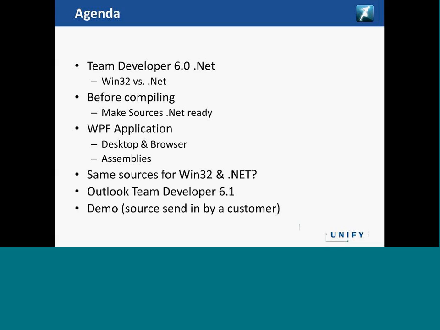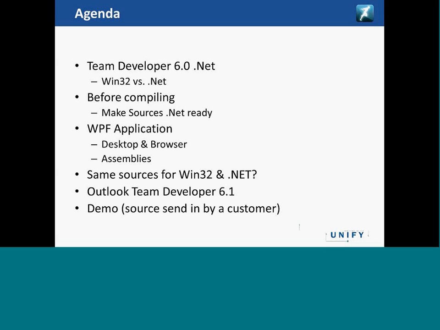Not every source is really ready to compile directly to .NET. We have to talk about WPF applications, because this is the basic .NET technology behind Team Developer. And we have to talk about the same sources for Win32 and .NET.